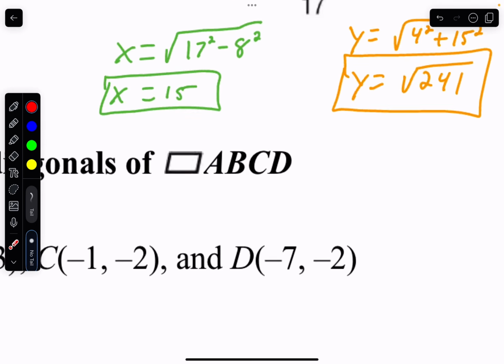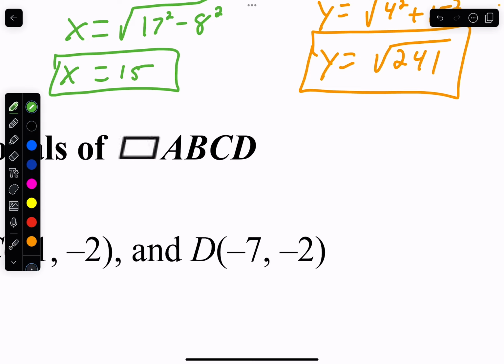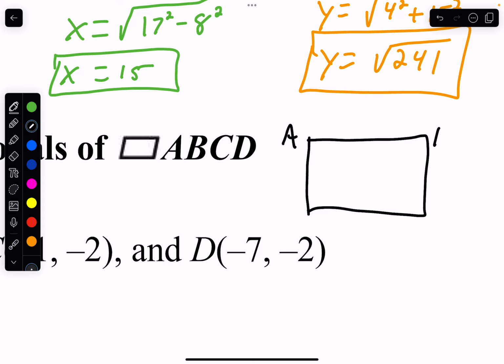For quadrilateral ABCD, order matters. You will have A, B, C, D. That means your two diagonals are going to be diagonal AC and diagonal BD.